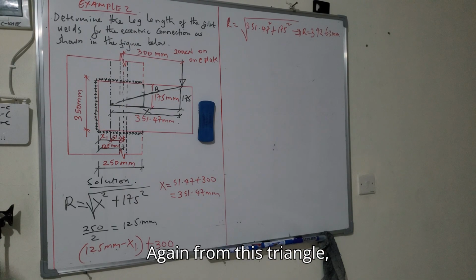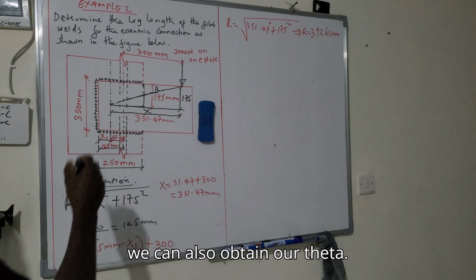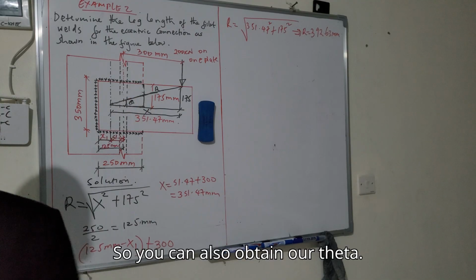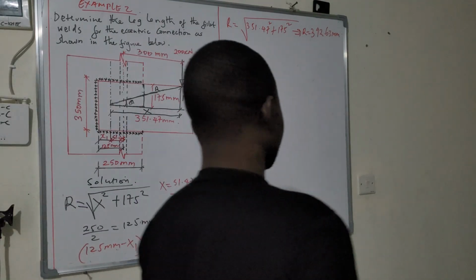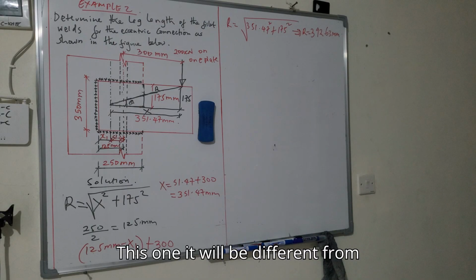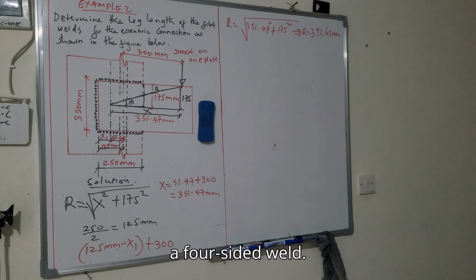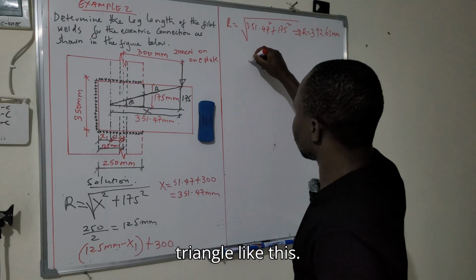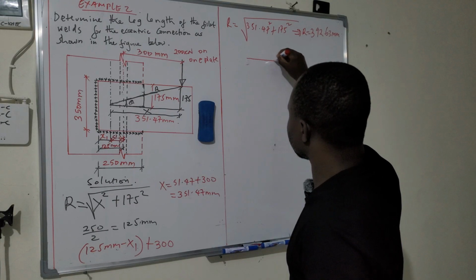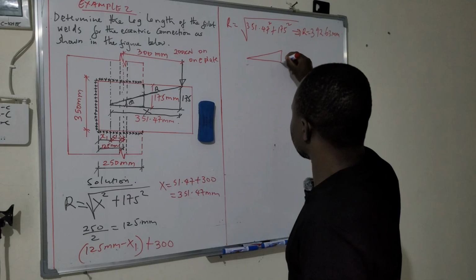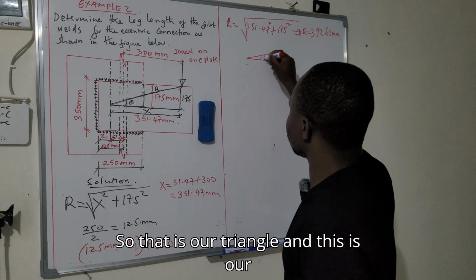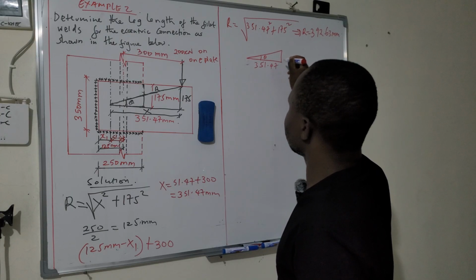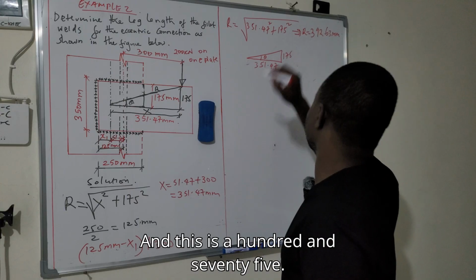Again, from this triangle, we can also obtain our theta. This one, it will be different from a four-sided weld. So for this, we have this triangle like this. So that is our triangle, and this is our theta. This is our distance, 351.47, and this is 175.